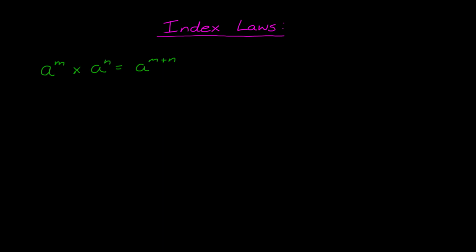The first index law says that if we have the same base raised to two different powers and then multiply each other, then we can write the answer with the base once and the two powers added together. To show how this works, if we have 3 to the power of 3 multiplied by 3 to the power of 2, that is 3 times 3 times 3 multiplied by 3 times 3.